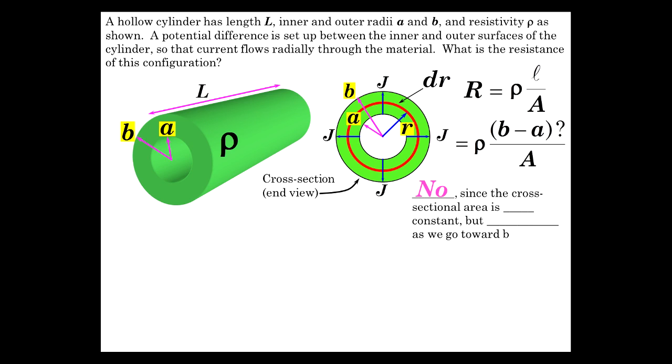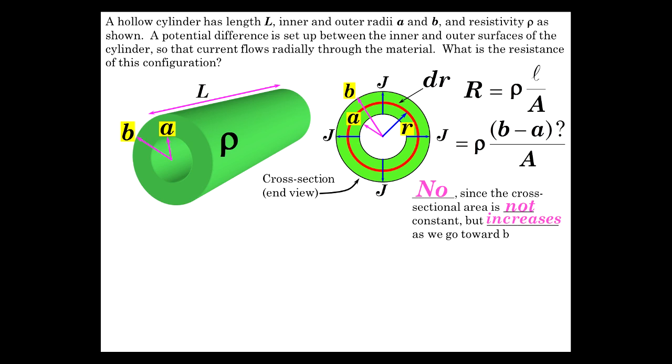Not this cross-sectional view, but the area of the tube from the inside to the outside. As we think of the tube of this radius, that surface area, and then increasingly large radii, that's the whole point. The area is not constant, but it's increasing as we go toward B because the radius is getting bigger.